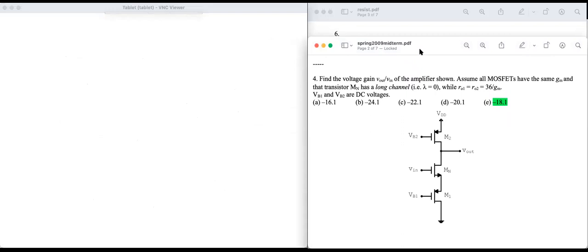What kind of amplifier is this? Where's the input? The input is at the gate of the N MOSFET. The output is where? The output is at the drain of the same N MOSFET. So input at gate, output at drain for this MOSFET. So this must be a common source amplifier.